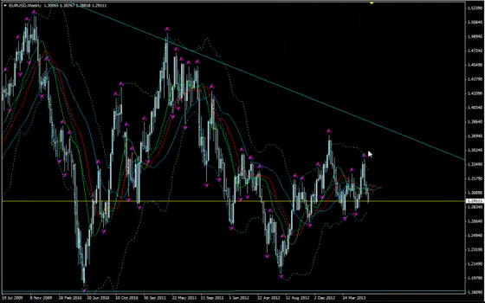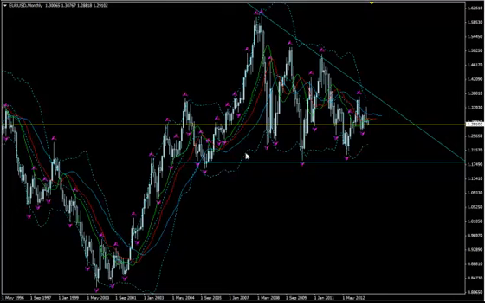And the same holds true for the weekly chart as well. We have 1, 2, 3 weeks in a row which have been bearish. And on the monthly chart, we see a descending triangle.